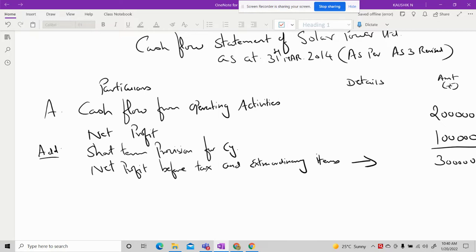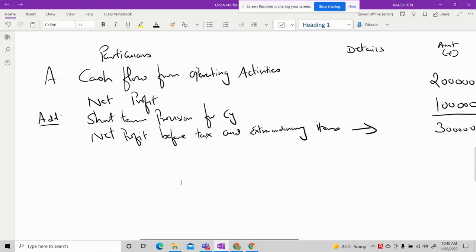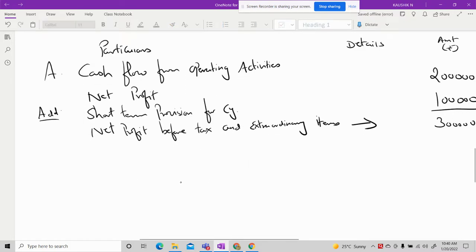Remember, extraordinary items are those items like loss of goods by theft, fire, accidents, etc., or abnormal loss or abnormal profits, all come under extraordinary item. Now, with this set, again we will be adding another four items which I informed you, like D, G, I, L. D for depreciation, right?